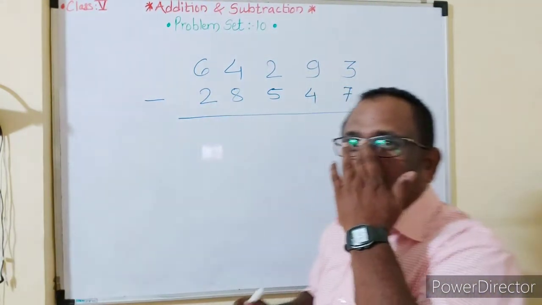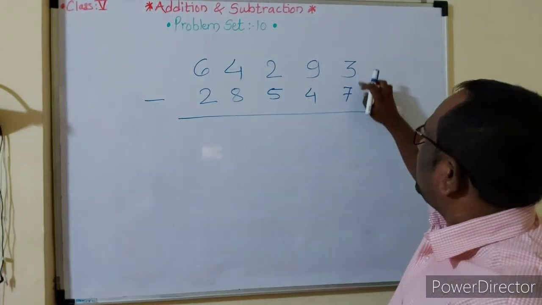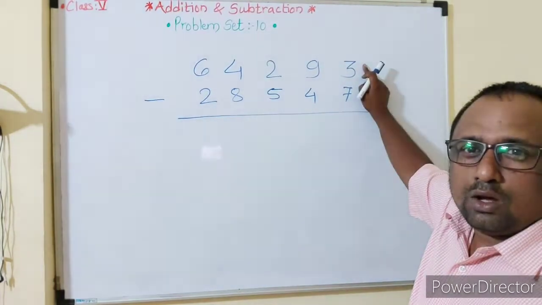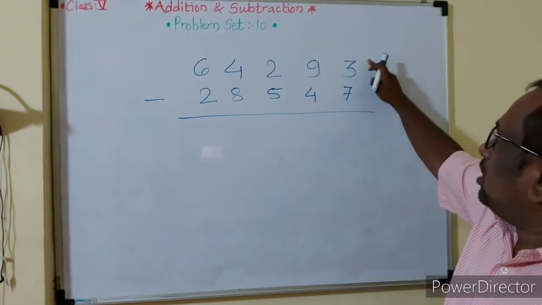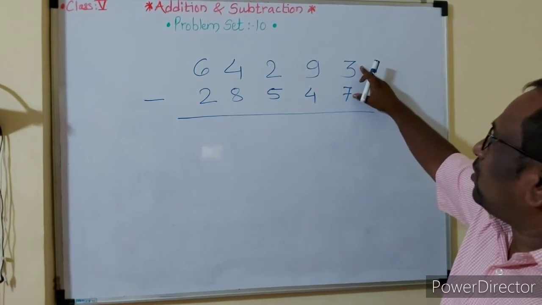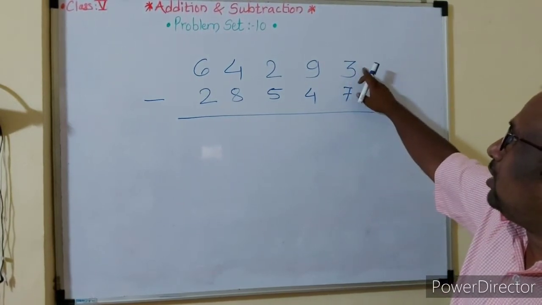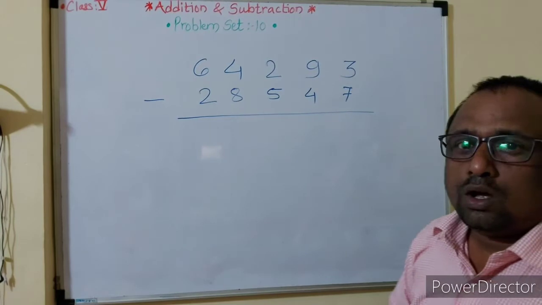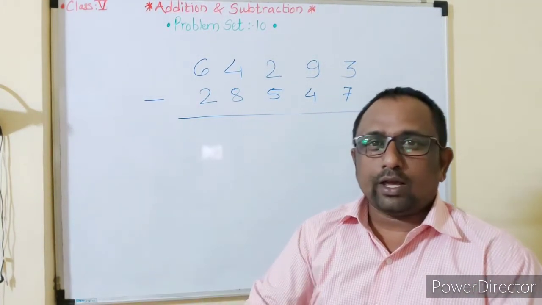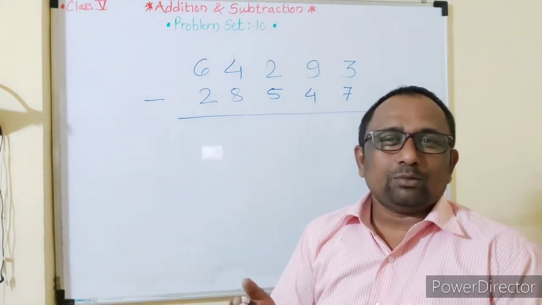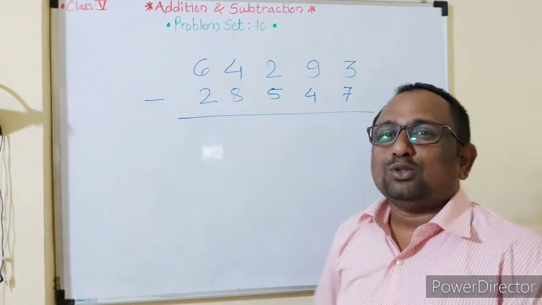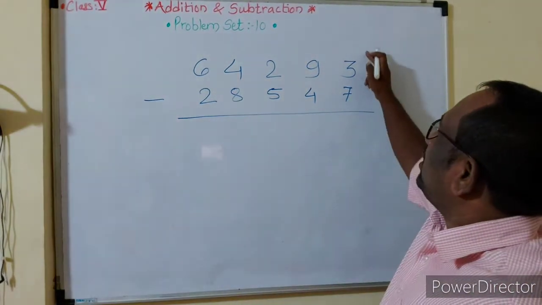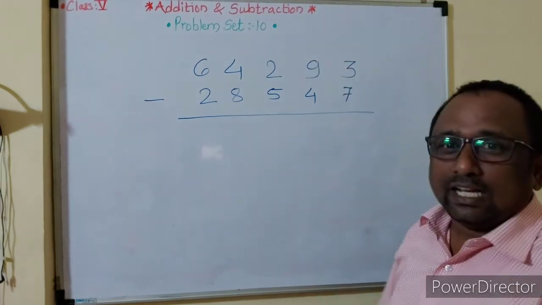Look, 3 minus 7: 3 is a smaller number. We cannot subtract a bigger number from a smaller number, so what do we have to do? We have to borrow. In Hindi, many times you have heard beggars asking, "Dedo baba, dedo baba." In this way, we have to go to the tens place.